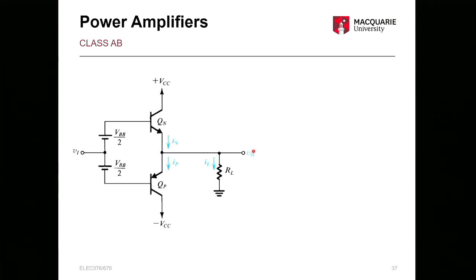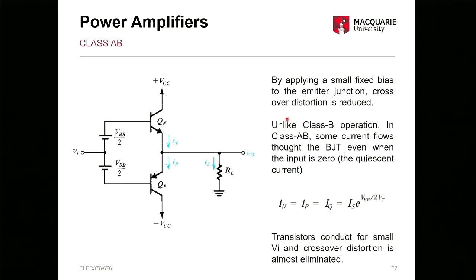And just to introduce you, we're not going to cover it today. We'll probably finish quite early today. Class AB, you can see, has a quite similar structure to your Class B, but we've added some biasing, okay? So with small fixed biases, we can reduce the crossover distortion. But this does mean some current is going to flow through the BJT even when the input is 0.